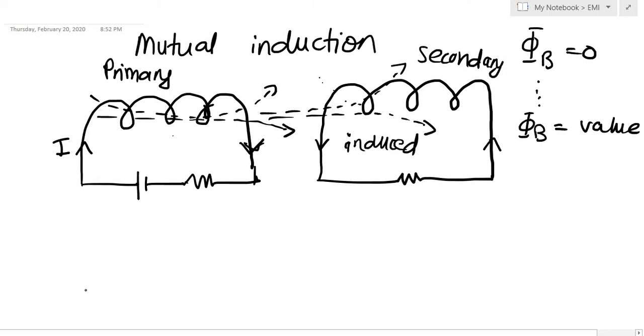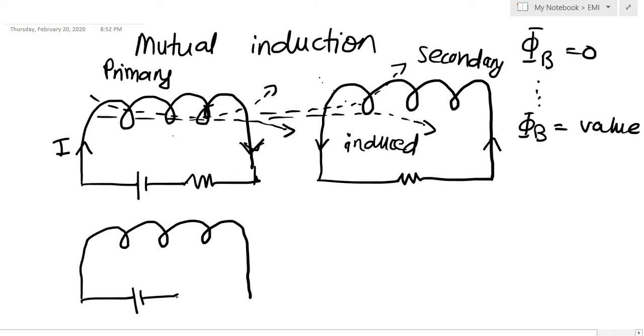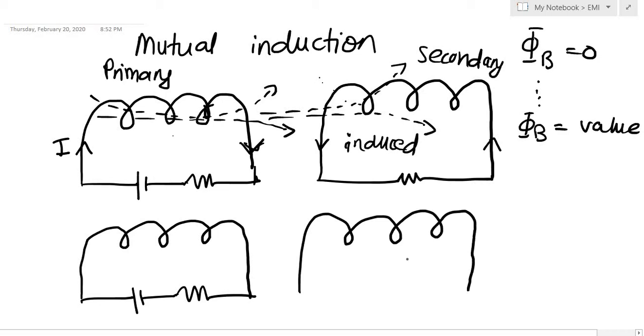And a similar thing happens when, after running the current through the primary for a period of time, you just kill the switch. Then there's again a change in magnetic flux across the second, because it had a steady value when the current was running.